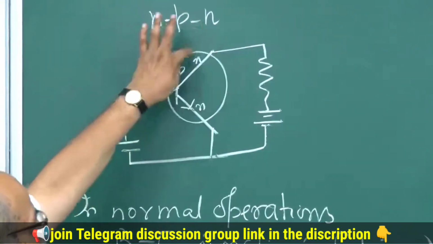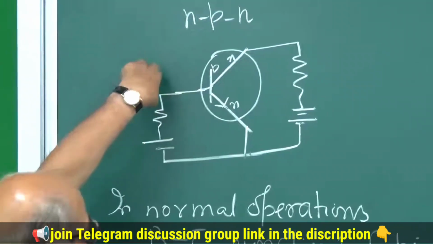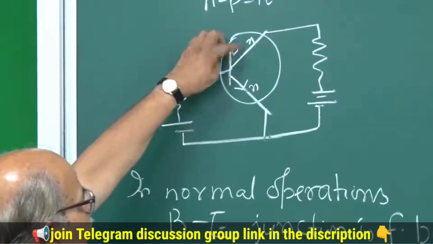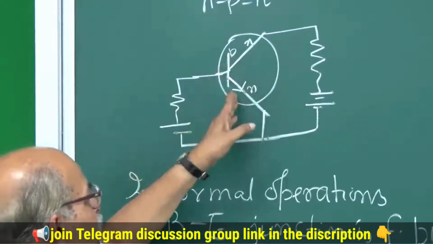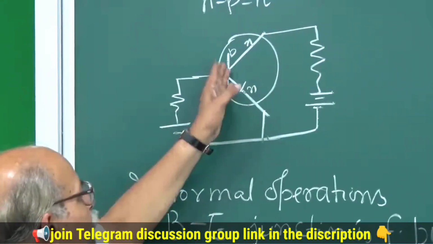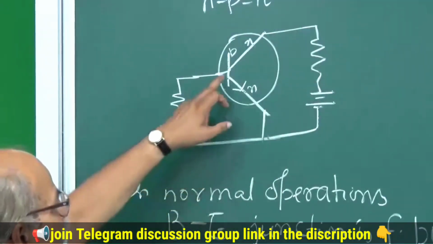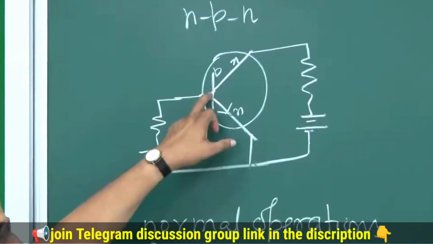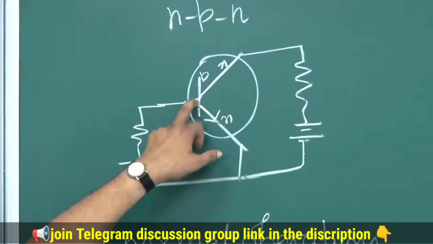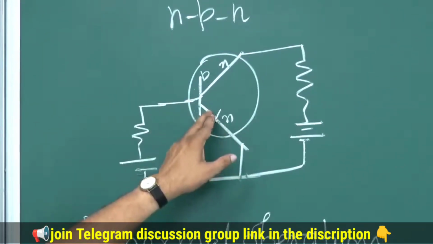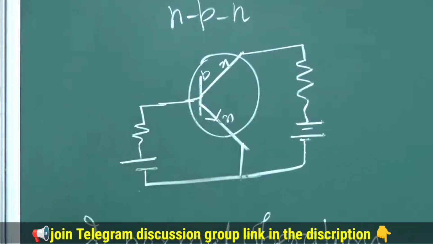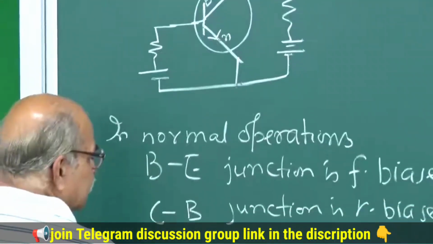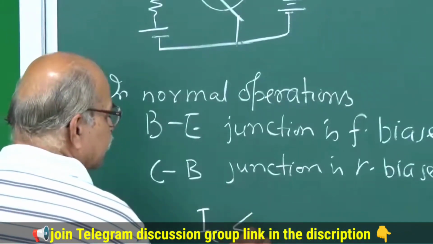And this reverse bias junction draws those electrons, because that is a minority carrier here, and reverse bias attracts minority carriers, and so a lot of electrons go through this collector circuit, and some small fraction goes through this, and that corresponds to the recombination of holes and electrons once these electrons find themselves in this P region. So, this was the mechanism, and under that you understand that IC is less than but close to IE.